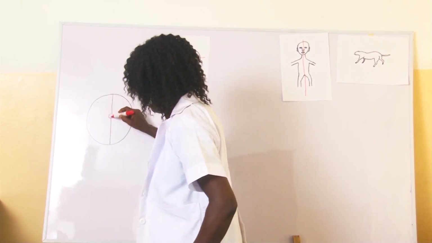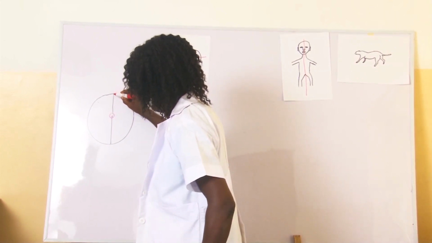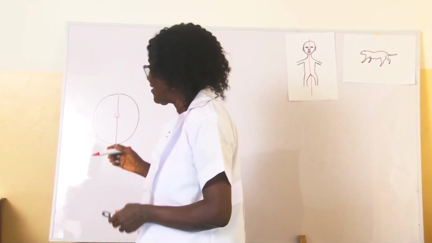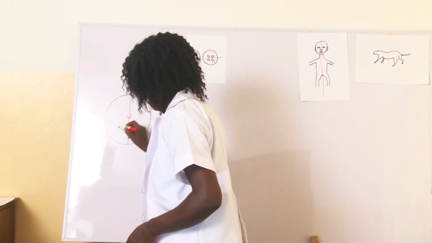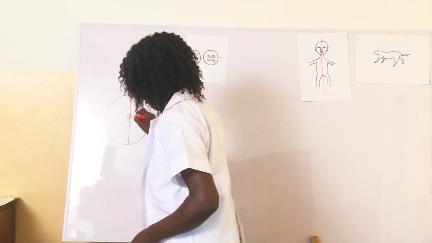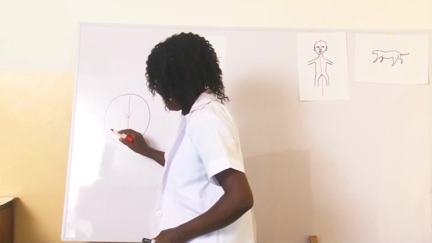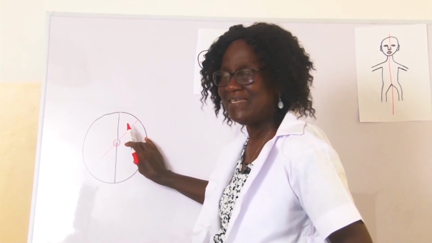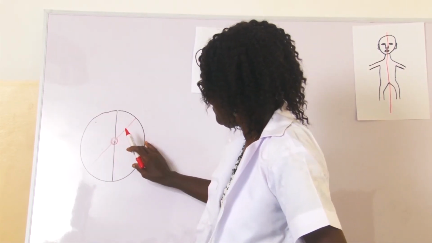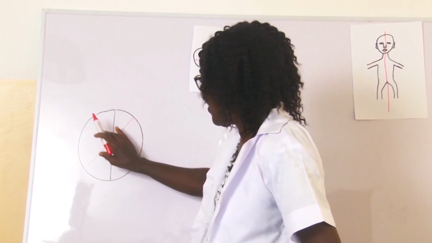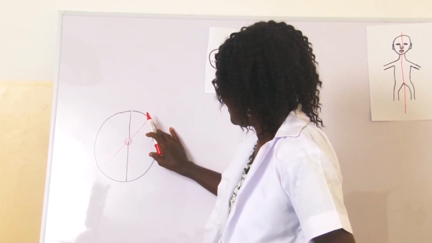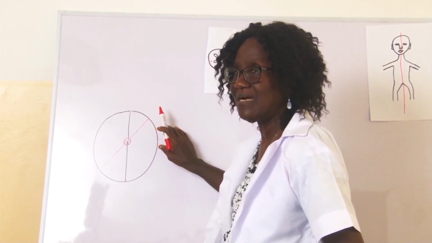A diameter is a line going through the center to one end here, another end here. So I can have a lot of diameters. If I go through this way, I'll still have this part and this part being proportional and mirror images. So organisms that are tubular or circular are radially symmetrical.